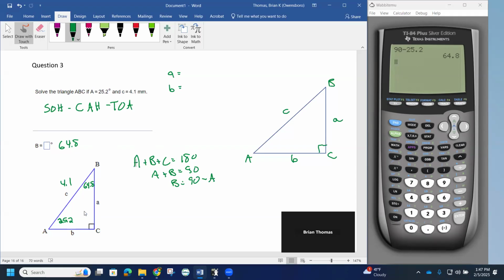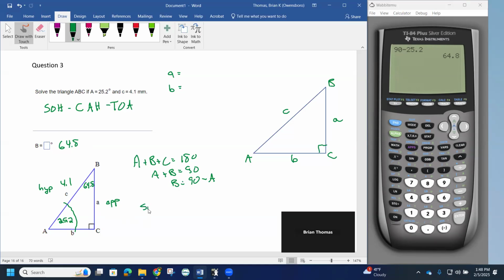Well, to find A, notice how A is opposite angle A. So if I'm using angle A, side A is opposite of angle A. And notice that C is the only other piece of information we know. So side A becomes the opposite side. The C, the 4.1, is the hypotenuse. So if I'm looking for A, I have to use opposite over hypotenuse. Well, that's the sine function.